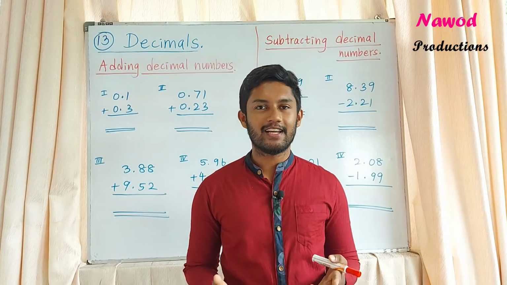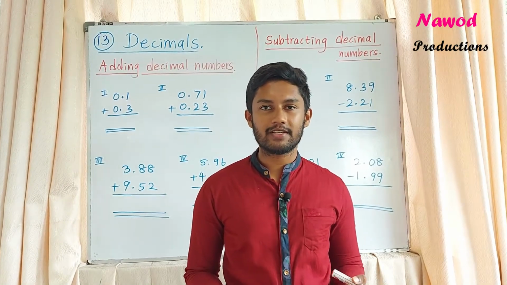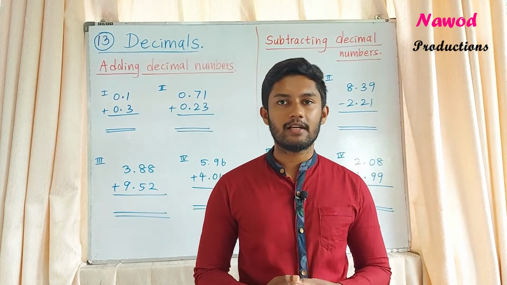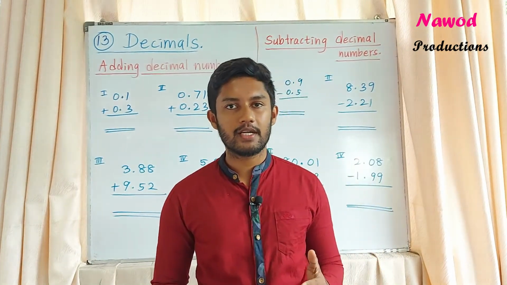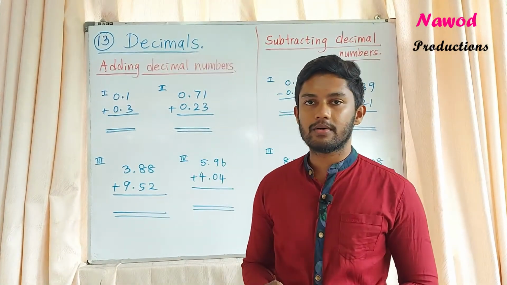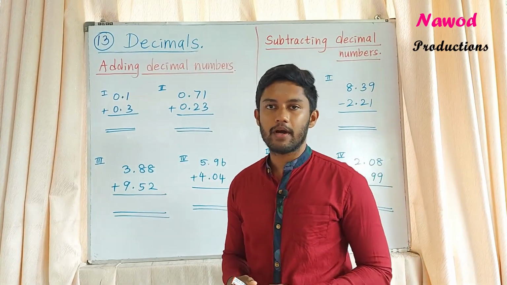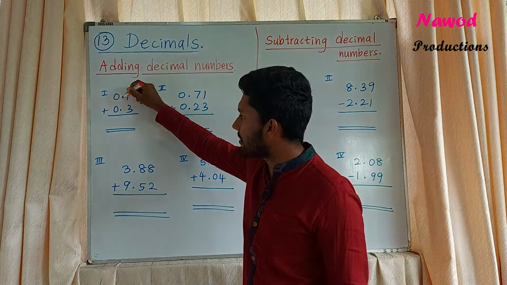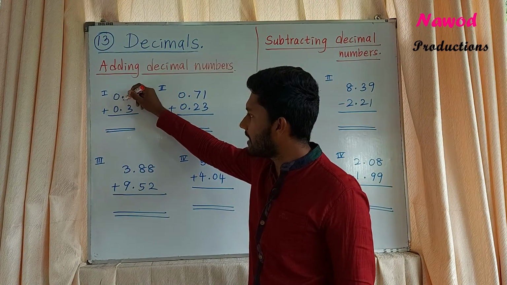Next, we want to learn about the addition and subtraction of decimal numbers. This is like the normal addition and subtraction, but you want to consider the decimal point. The decimal point must lie below the decimal point of the other number.